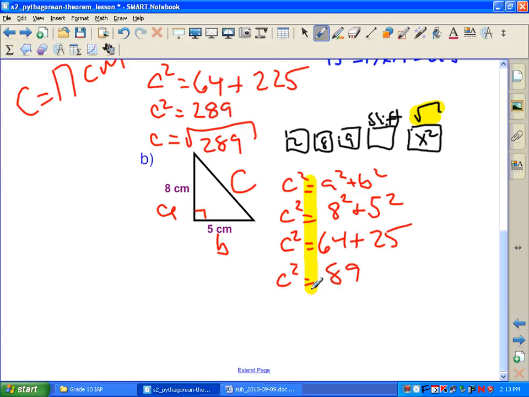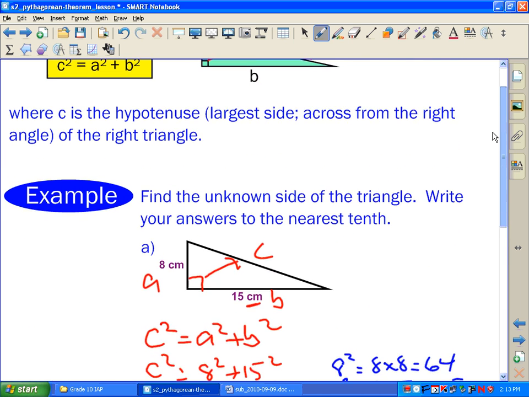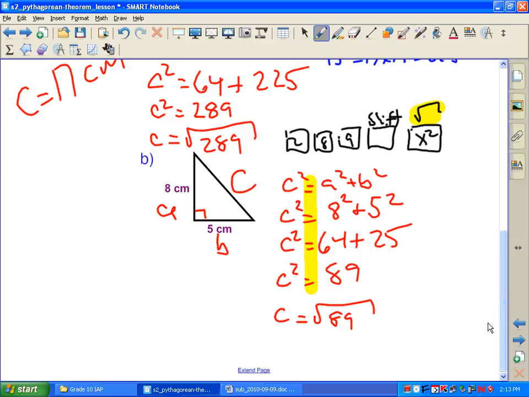Now, C squared is 89, so C is going to be the square root of 89. So once again, we type in the number, shift square root, and this one is not a nice number. It says to the nearest tenth. So what we get is 9.43398 and so on.